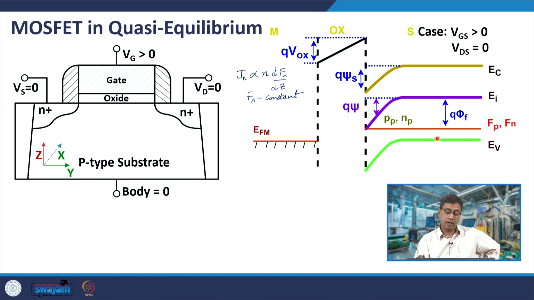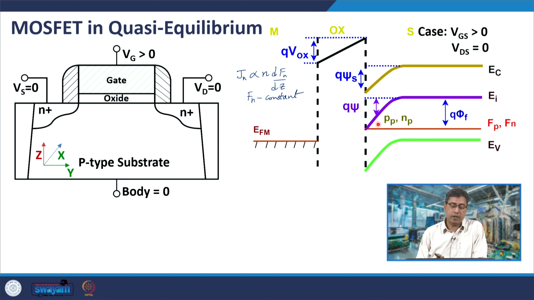Since the current densities are all 0, they would be constant throughout, even within the depletion region.